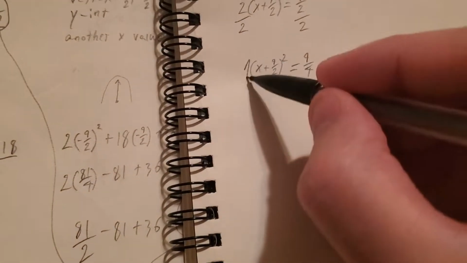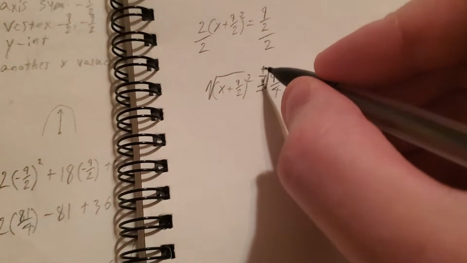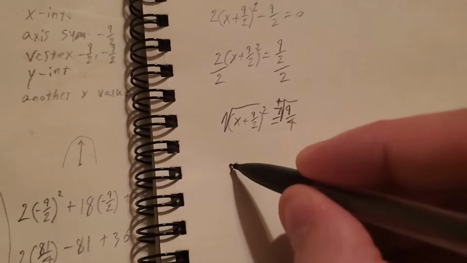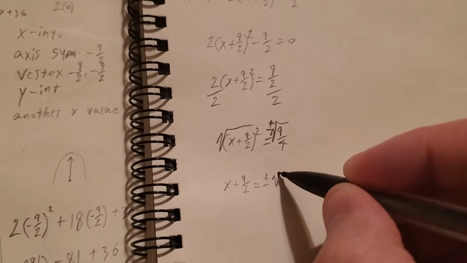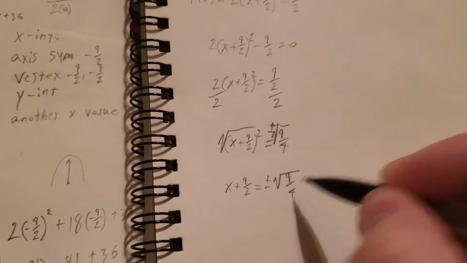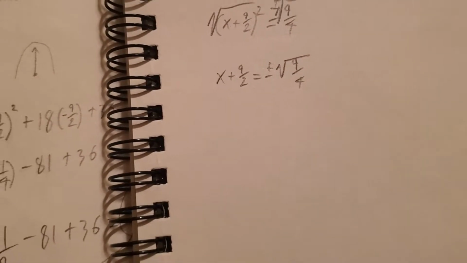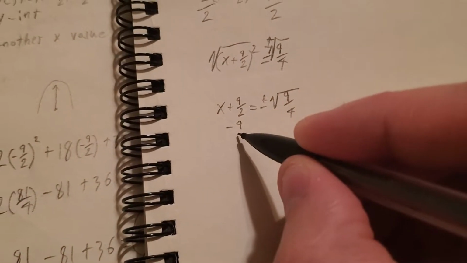We're going to undo this by the radical symbol, the square root, and when we do that in an equation, we're going to have a plus and minus sign here. So really, we have x plus 9 over 2 equals plus or minus the square root of 9 over 4. And from that, we can subtract 9 over 2.